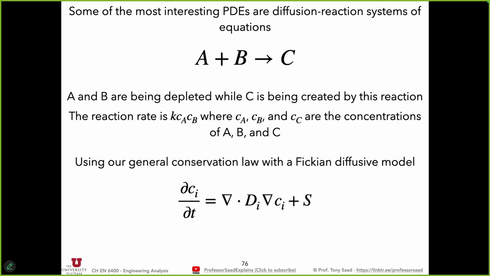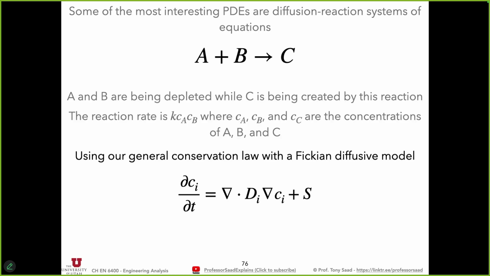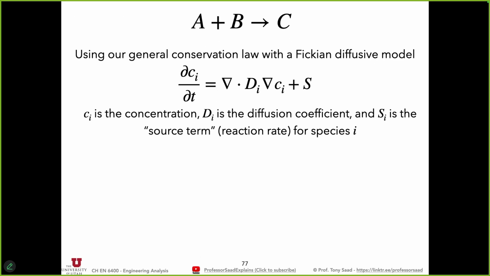That's the mass diffusivity of species that are changing concentration, plus some source term. I don't have advection over here. Again, Ci corresponds to the concentration of species i. Di is the diffusion coefficient of species i, because each species is going to have a different mass diffusivity.